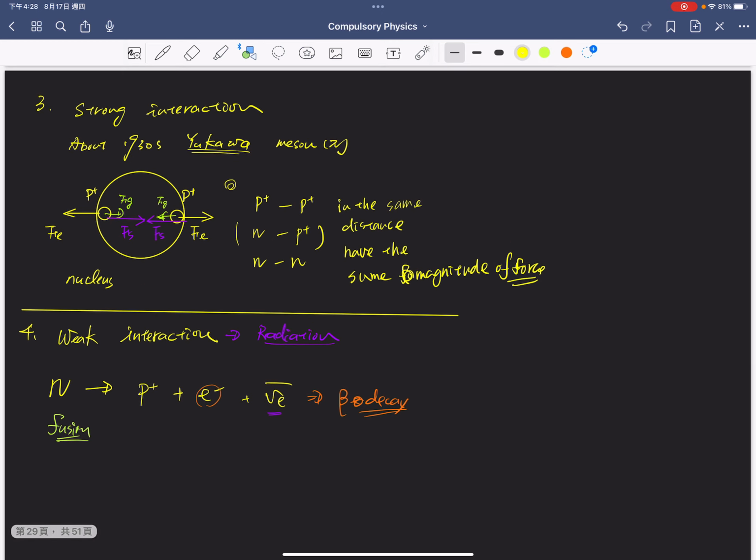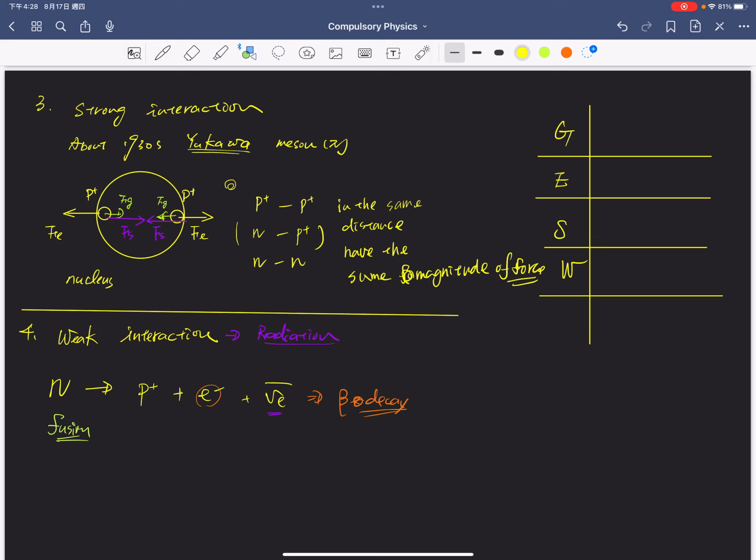First of all, G is the gravitational force, E is the electrostatic or electromagnetic force, and then the strong interaction and the weak interaction. For all these forces, the first thing to talk about is the effective space, the space in which the interaction force can act. The gravitational force acts everywhere, and the electromagnetic force also acts everywhere.